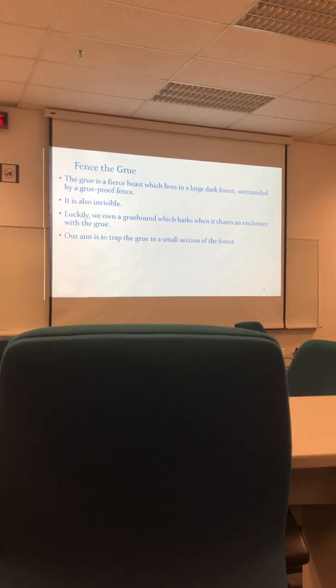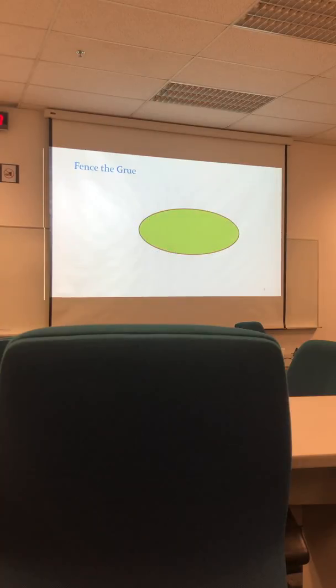Okay, so this is the use of reduce and conquer. The method is very simple. Our aim is to trap the monster, the goose, in a small section of the forest, because it's very dangerous and it's invisible somehow. So we use a reduce and conquer method, using a blue horn to help us build a goose-proof fence.